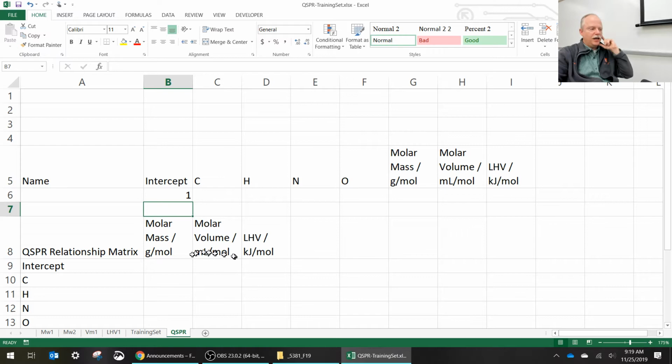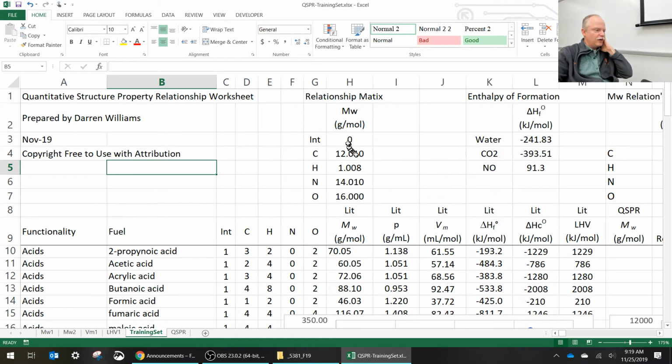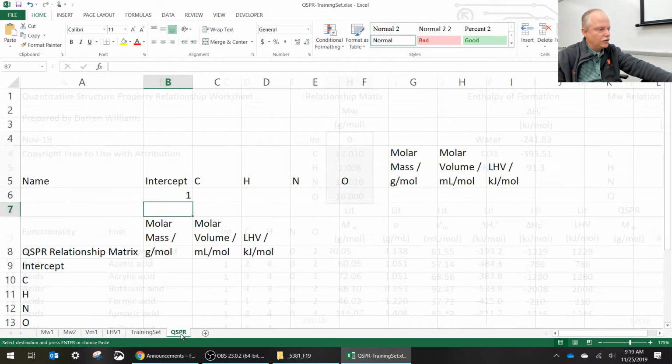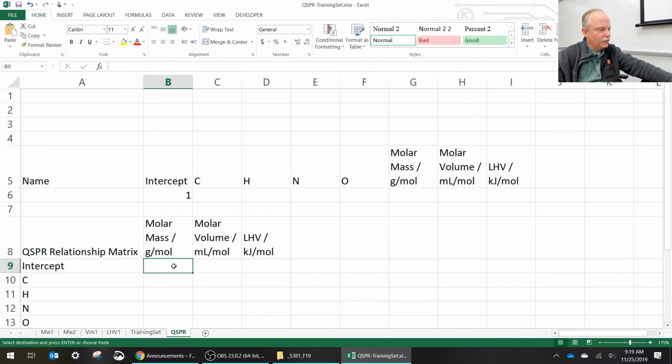So let's go get our relationship matrices for all three of these. So go over to the training set. We'll actually get the periodic table relationship matrix for the masses. So we're going to select these 4 values and copy them. So Control C. And then go over to the QSPR and put that under molar mass.